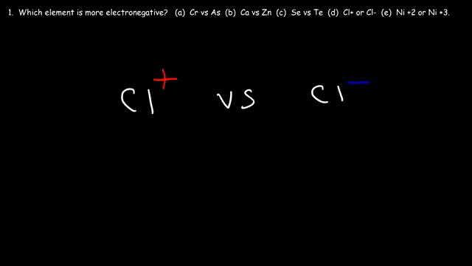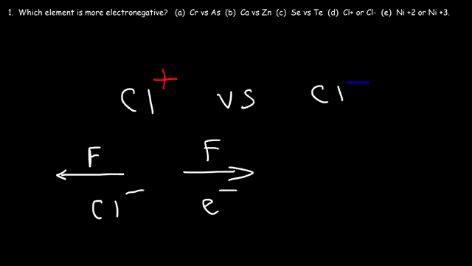Well, let's find out. If we place the chloride ion next to an electron, these two have like charges. And so therefore, these two will repel each other. So this chloride ion does not have a desire for an electron. It doesn't want to acquire another electron.